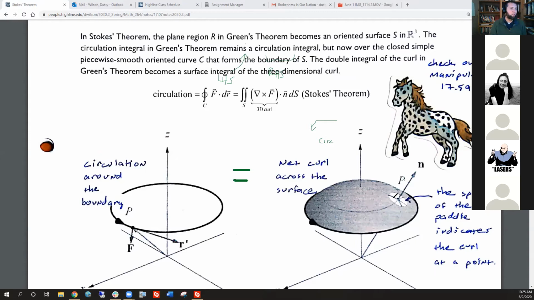So the speed of the spinning is reflective of the curl at the point, and counterclockwise would be positive curl dotted with the N, and clockwise would be negative curl dot N. Curl is a vector, you dot it with the N to turn it into a scalar. Questions? Keep going.